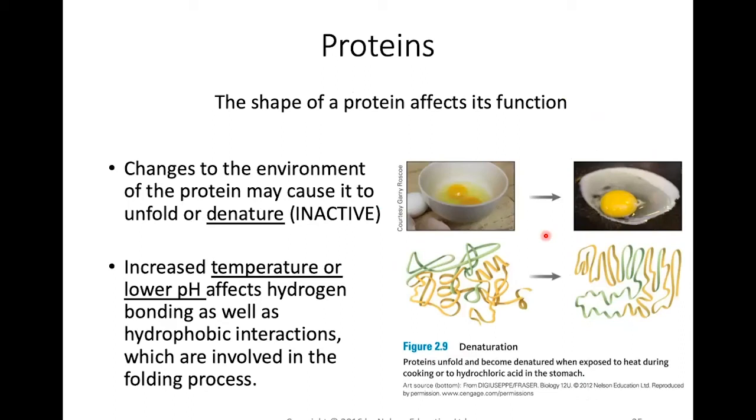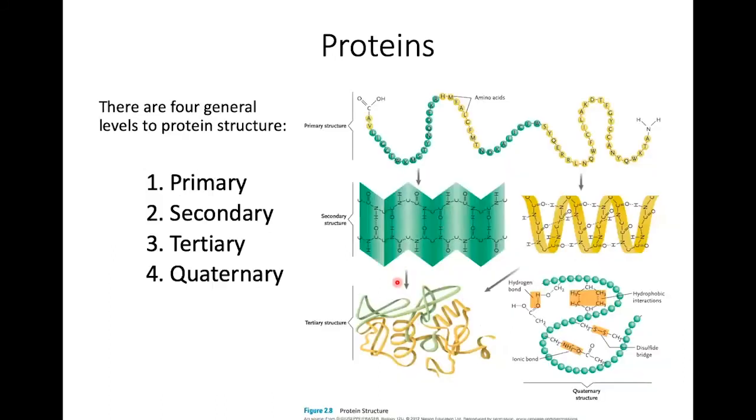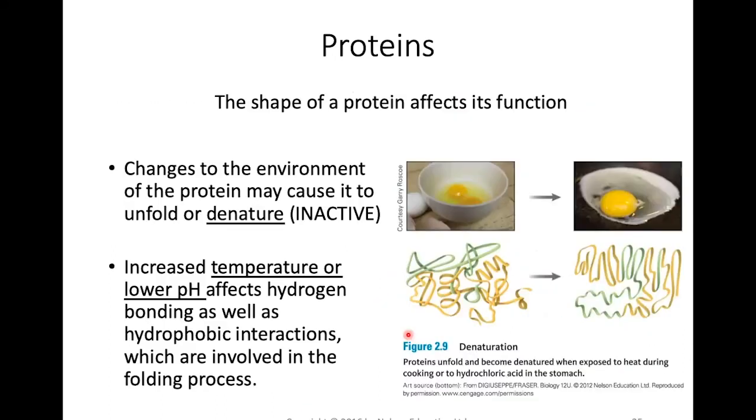Now, there are certain conditions in which proteins can become denatured. So here's our protein that we've created. This is our globular protein. With this specific shape, it has a very specific function. Now, two elements, temperature and pH, can alter the way that hydrophobic interactions occur with one another and can actually denature that protein.